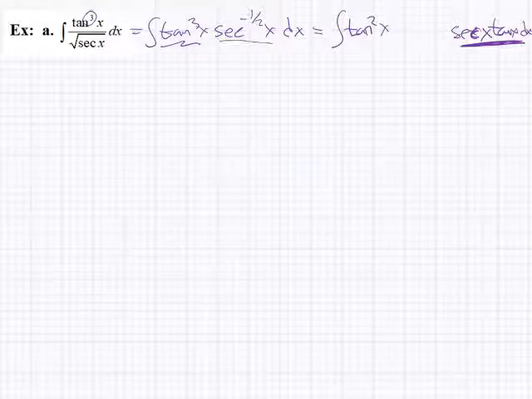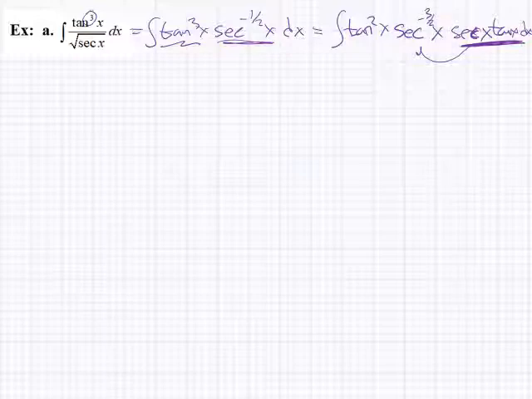And if one of the secants was pulled out of here, what would be left? Well, it would be secant to a power such that when I multiply this secant back in, I get minus a half. So that would have to have been minus 3/2. Now the remaining tangent can be written in terms of secant as well.